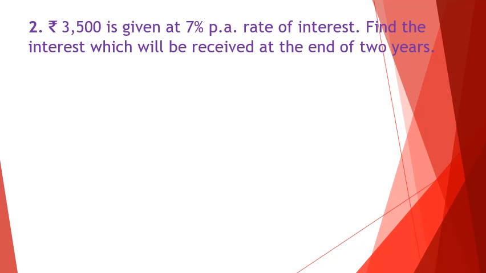Question number 2. Rupees 3,500 is given at 7% per annum rate of interest. Find the interest which will be received at the end of 2 years. We can solve the sum. What is the first step? What is given in the question? We will write that one. Rupees 3,500 is given.